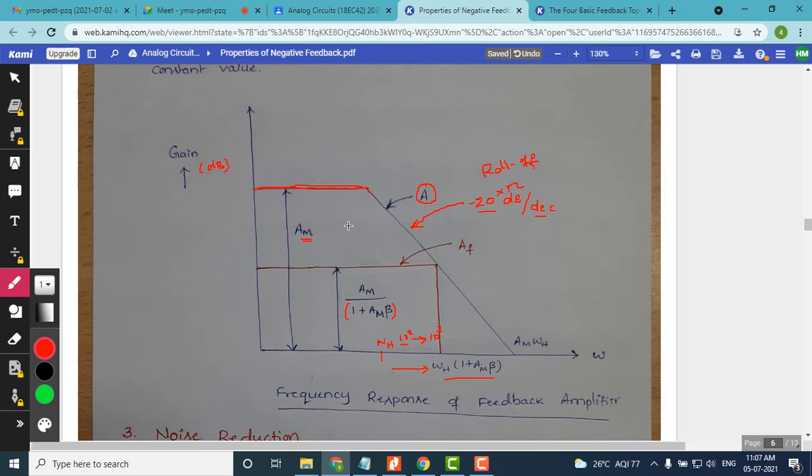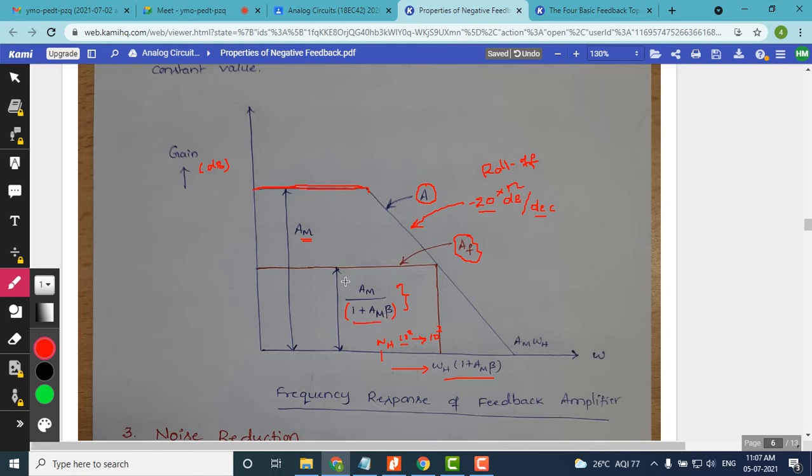Next, once you apply the feedback, the gain is denoted as AF here. This is the mid band gain for AF. As per our derivation, the mid band gain with feedback is given by AM divided by 1 plus AM into beta. As you can see, the mid band gain decreased compared to without feedback. Without feedback it is large, and it has dropped by 1 plus AM into beta.